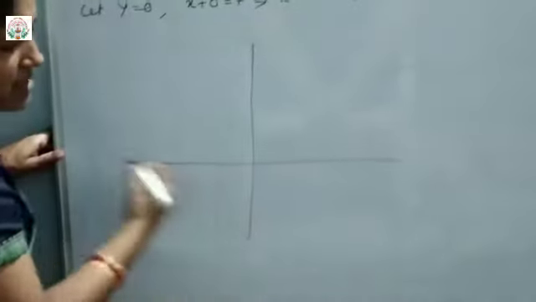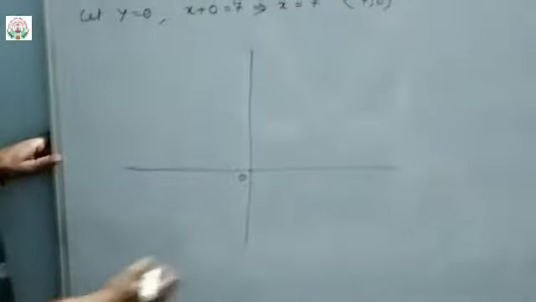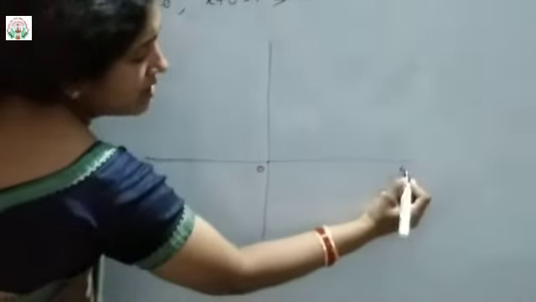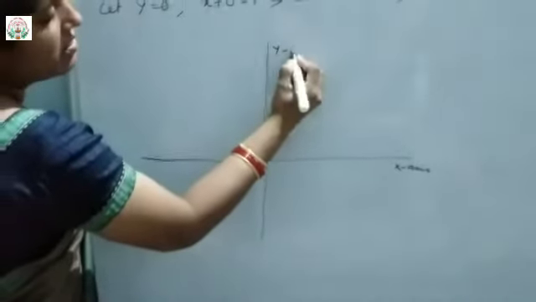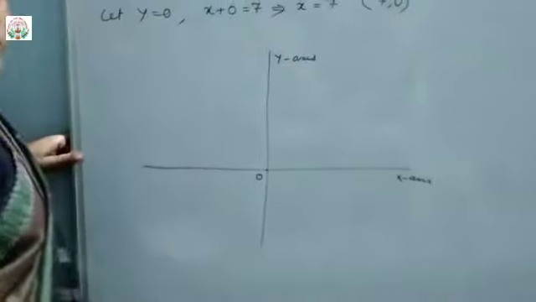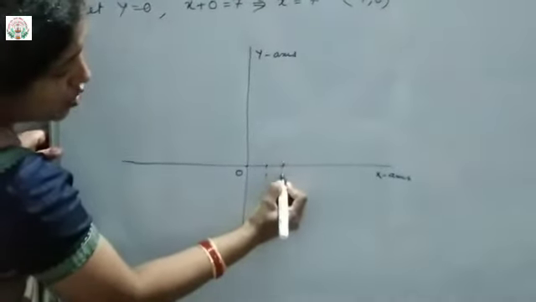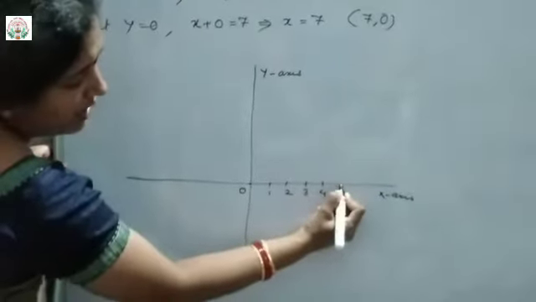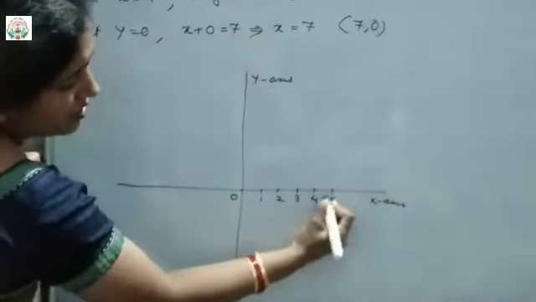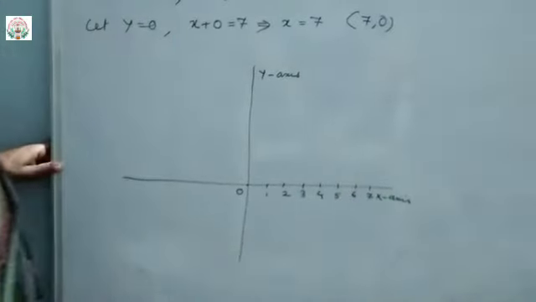Okay, so the y-axis and x-axis intersection point is 0, that is O. Here this is x-axis and this is y-axis. Now here you take points 1, 2, 3, at equal distance. Keep it in mind, you have to take equal distance. 5, then 6, then 7.